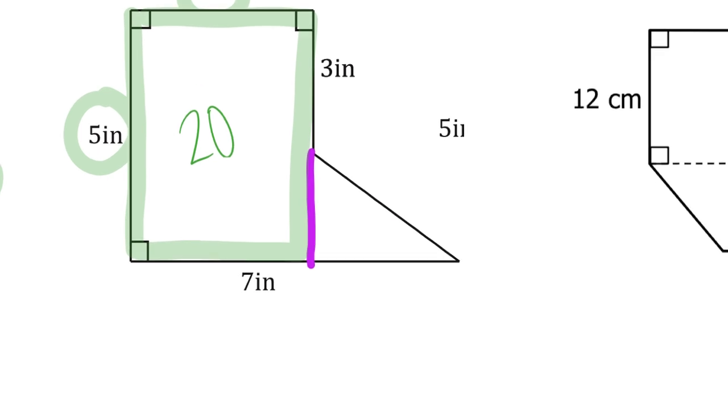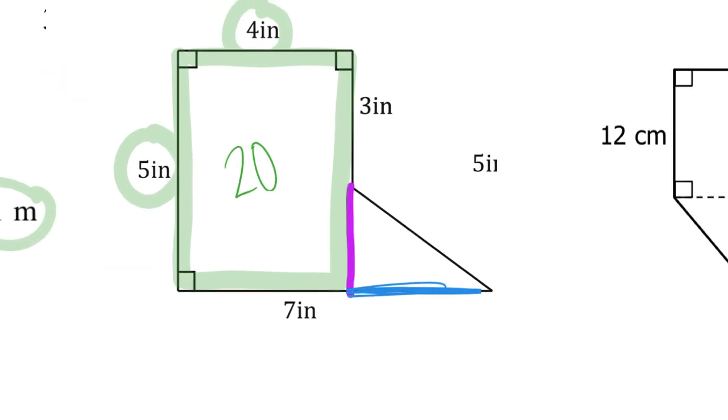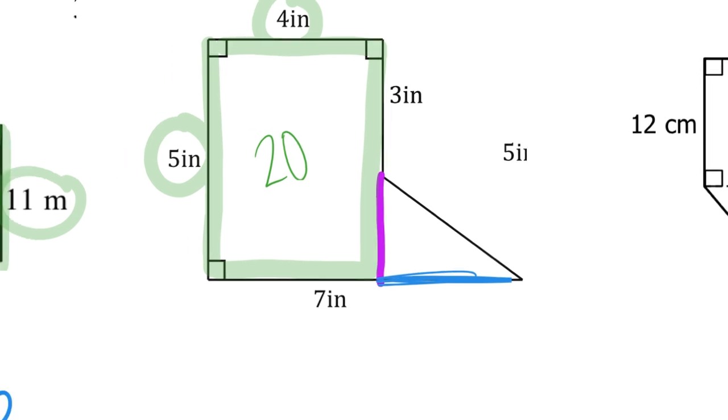And then let's work on the little triangle here. So I'm going to need this purple length, and I'm also going to need the length of this bottom side here. So one thing we know is that the length from here to here is 3. And we know that this whole vertical side over here was 5.